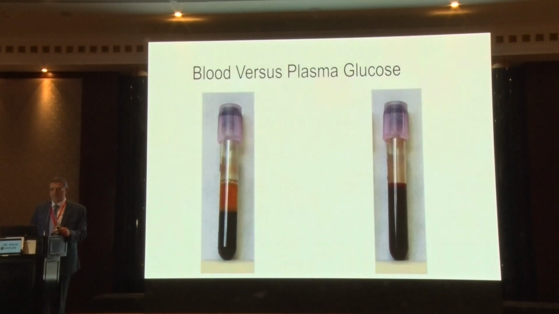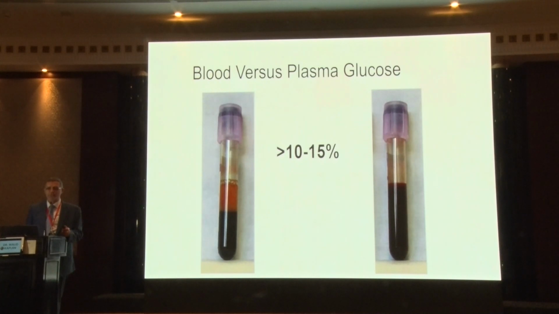So what's the difference? Well, you all know plasma is basically whole blood minus RBCs, and RBCs do not have sugar. So when you take something without sugar out of the blood, you're leaving the blood in a more concentrated fluid, which is plasma. So plasma glucose is higher than whole blood glucose by about 10 to 15%.